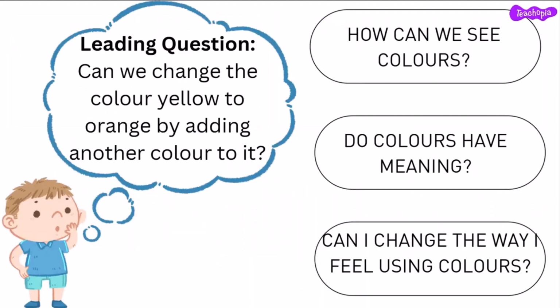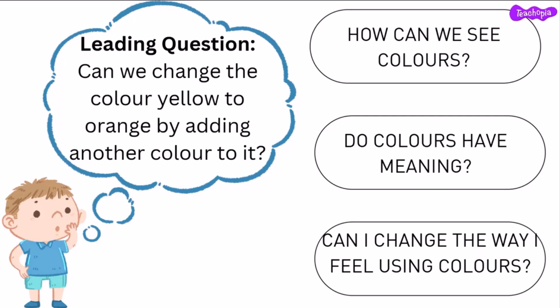So let's start with a leading question, which always follows the learning objectives and outcomes. For this particular chapter, the leading question is: can we change the color yellow to orange by adding another color to it?